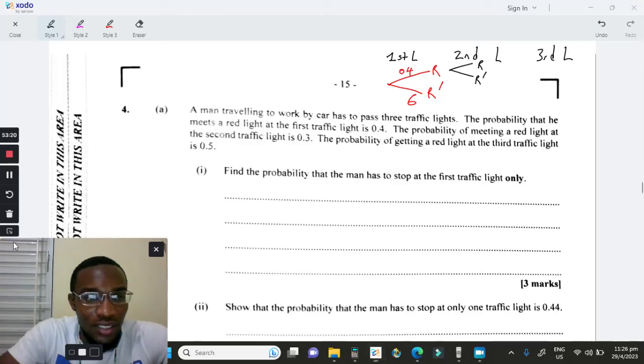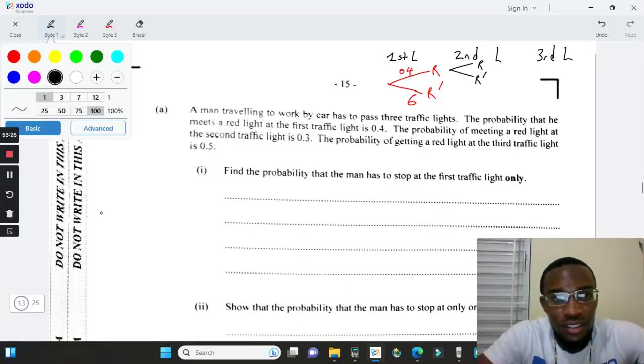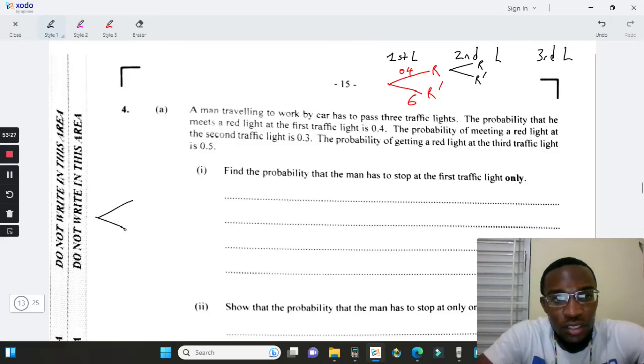Alright, it's really bothering me. Let me move myself over here and the tree over here because this is giving me some issues. So this is the first one, red or not red. And remember, it is 40% and 60%, 0.4 and 0.6. That was the first light.